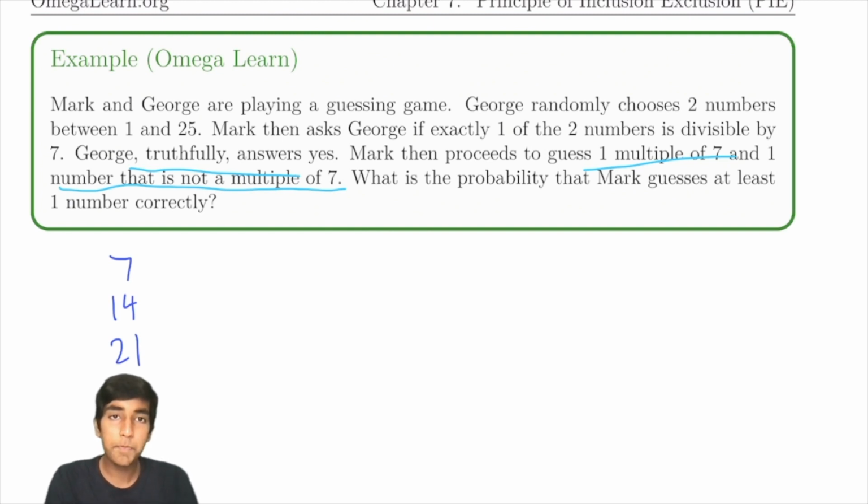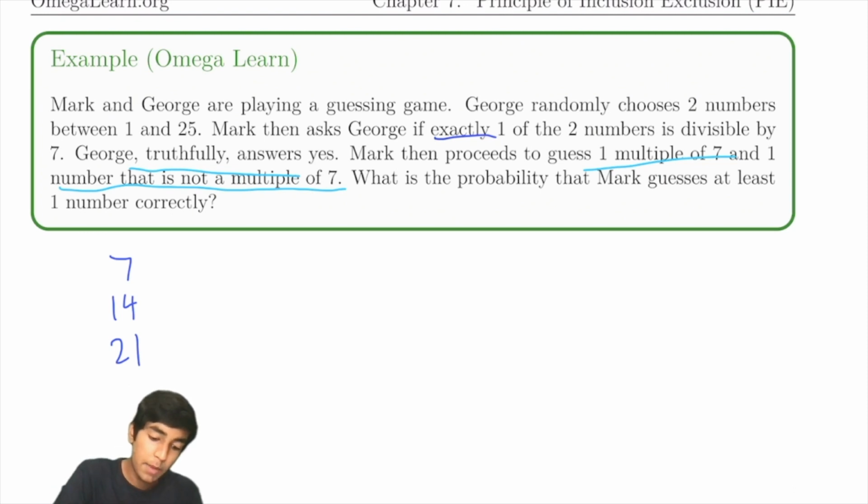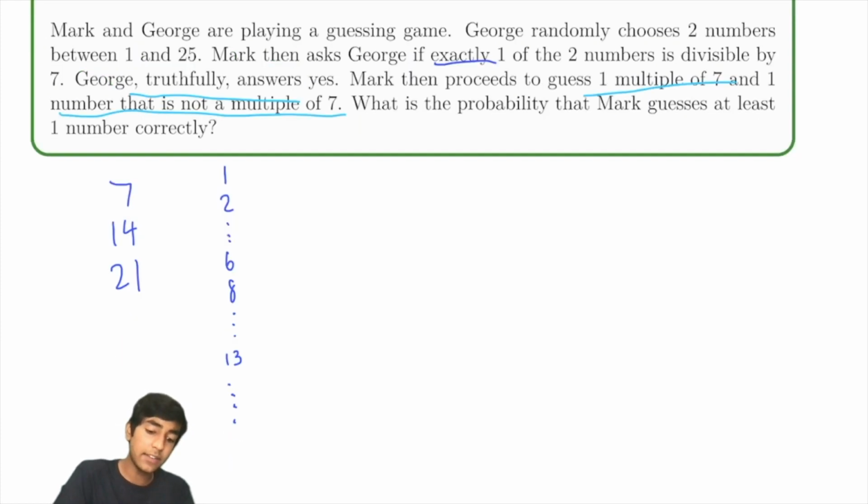Okay, so Mark asks if one of the two numbers is divisible by 7. George says yes. So exactly one of them is divisible by 7. And the remaining numbers, 1 to 6, 8 to 13, so on, are all the numbers that are not divisible by 7.